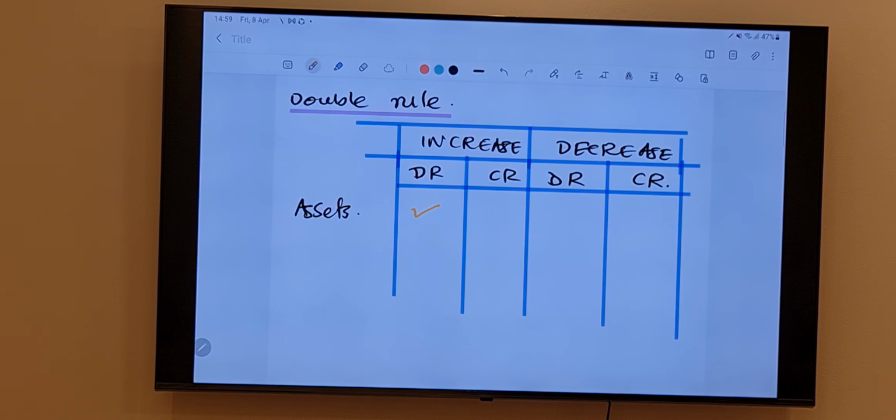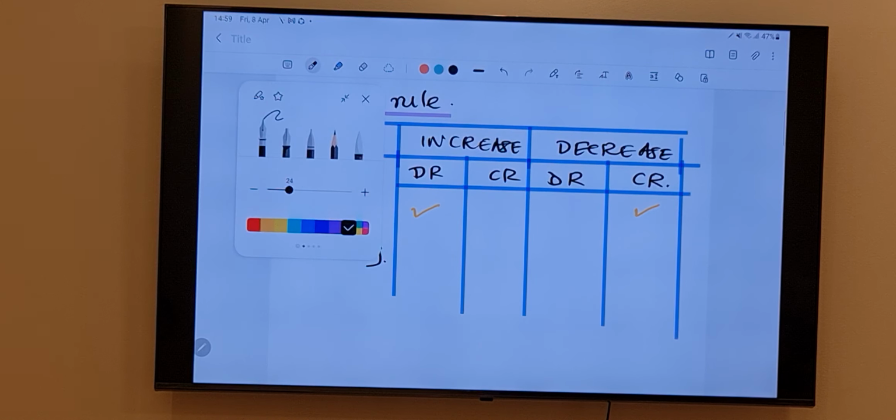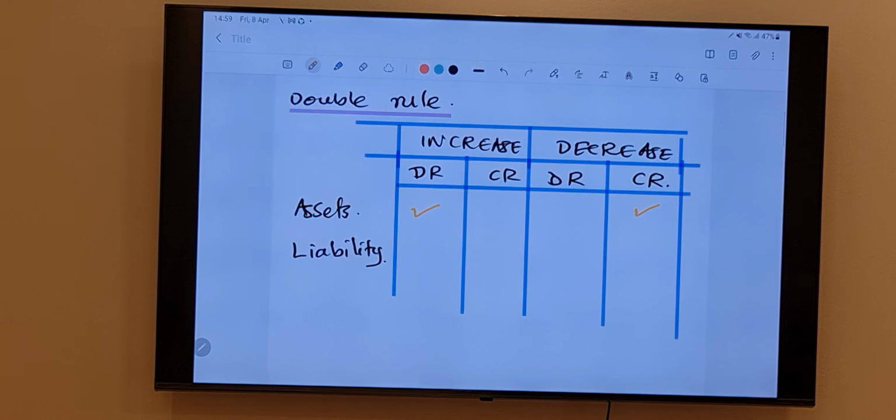Any asset decrease, you should credit. Liability: if the liability increases, you should credit. If the liability decreases, you should debit.